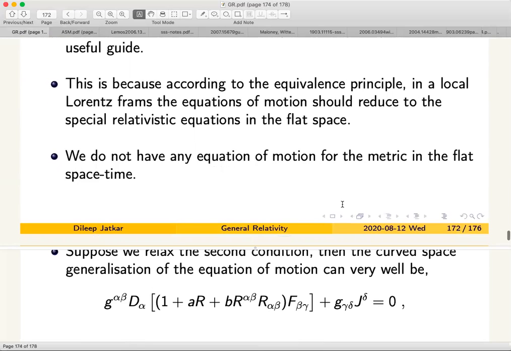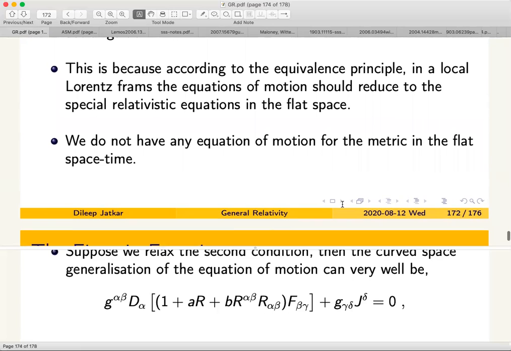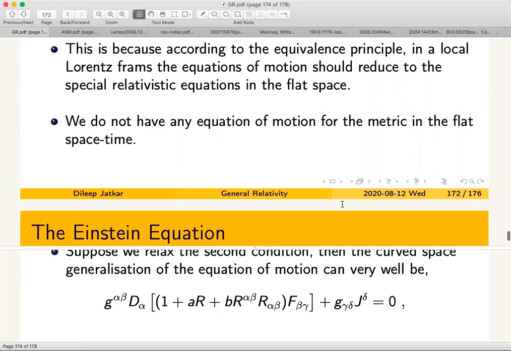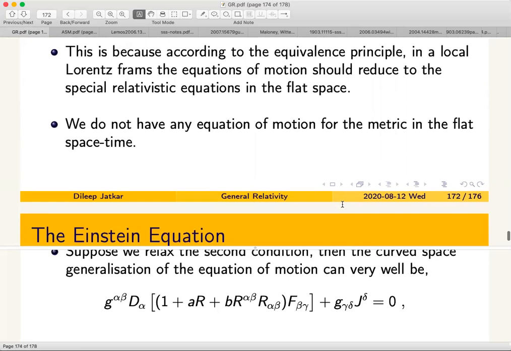Of course we do have an equation of motion for gravity, but to relate gravity to the spacetime metric, which is what Einstein's theory would tell you, you should convert Newton's equations into equations of motion for the metric. But the metric being constant in flat spacetime has no guidance to give you when you want to convert that to curved space.